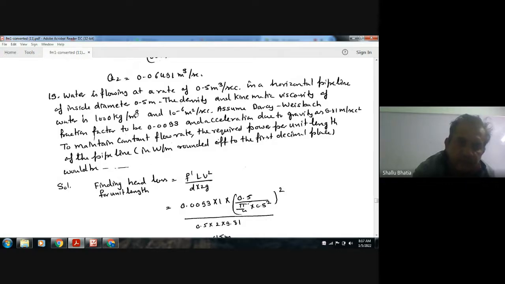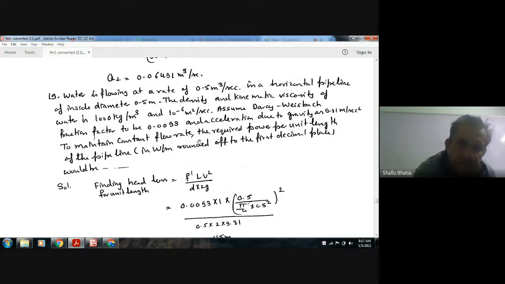So here the friction head loss is f L V square by 2 g D, and f is the friction factor, 0.0093. L is the unit length, so L is just 1 meter.